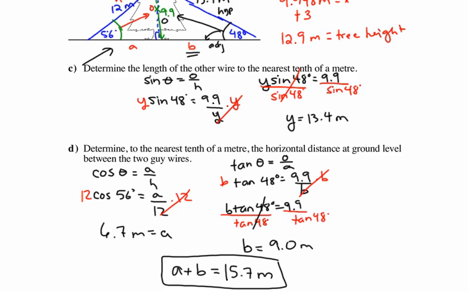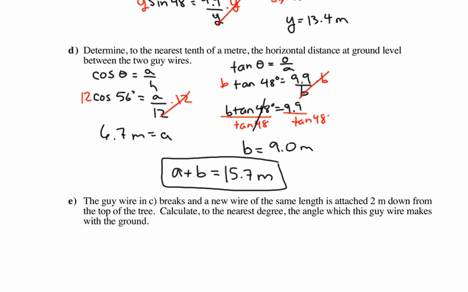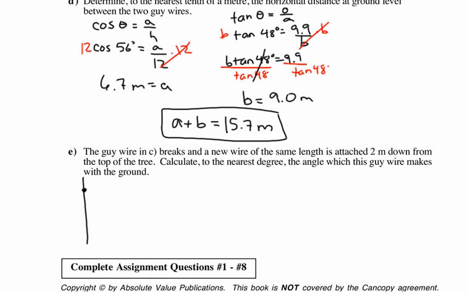Okay, so it says, and last, the guy wire in C breaks. The wire breaks, and a new wire of the same length is attached 2 meters down from the top of the tree. Calculate to the nearest degree the angle which the guy wire makes with the ground. So now what happens is that instead, here's our tree, it's going to be attached 2 meters down.